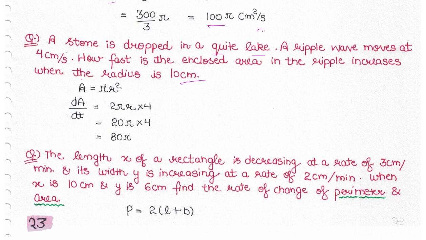So we take the lake as a circle, so its area A is equal to pi r square. So dA/dt is 2 pi r into dr/dt, which is 4. So we have 80 pi.